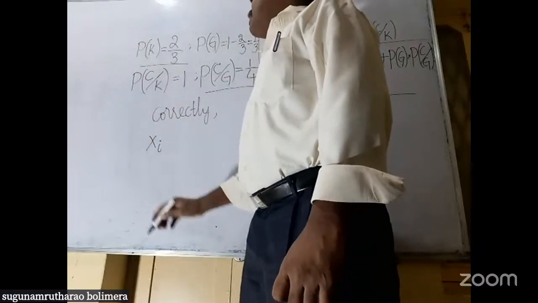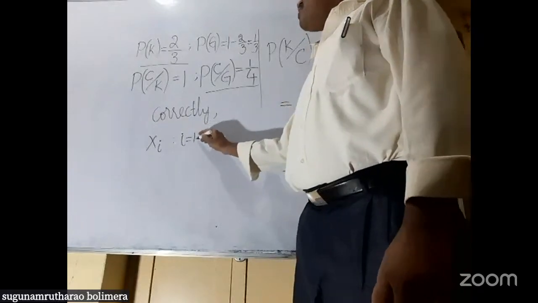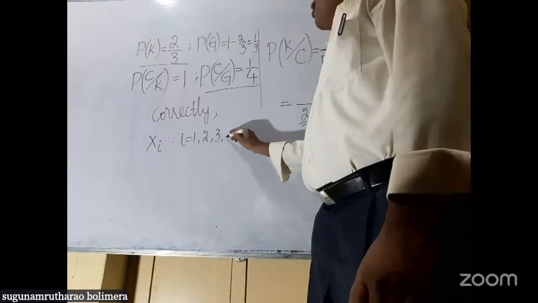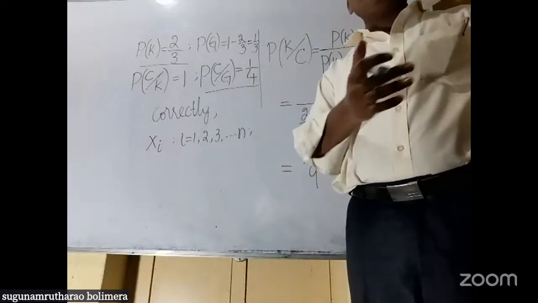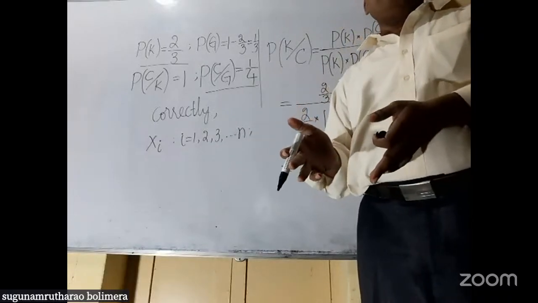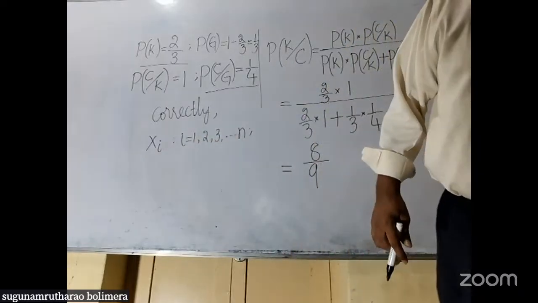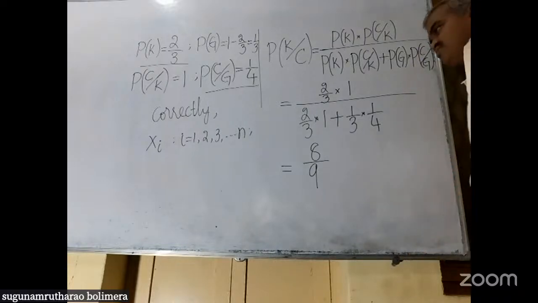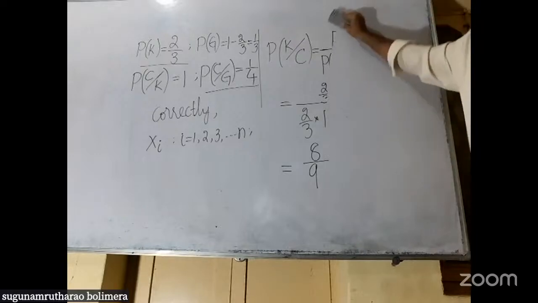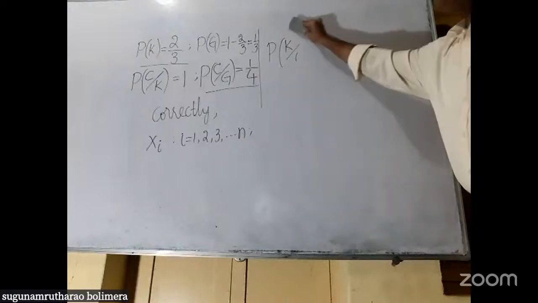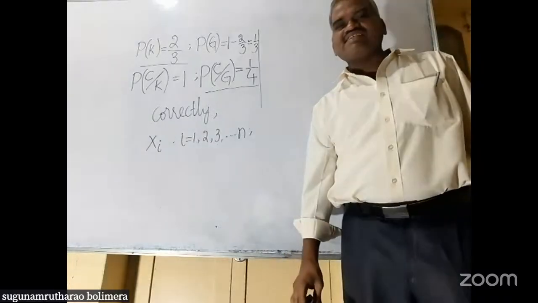Finite number of values means those values may be taken from 1 to n or 0 to n or from any negative value to positive one. So if you take any finite number of values, then it is called as discrete random variable.